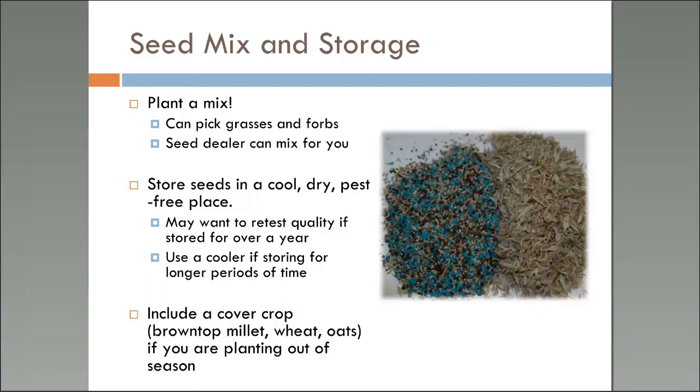And all that's doing is making sure that you have some plants that are going to come up right away, which I think I said earlier is typically your annual weeds, and then those perennials are going to come up later. So if I asked all of you to type in what plants you would want to see in your native seed mix, I'm guessing I would get a lot of tall, pretty grasses.